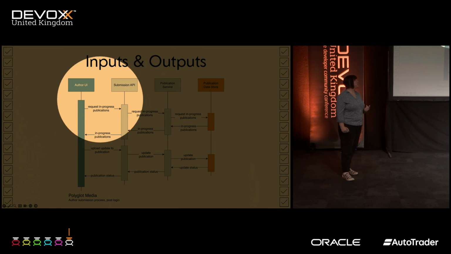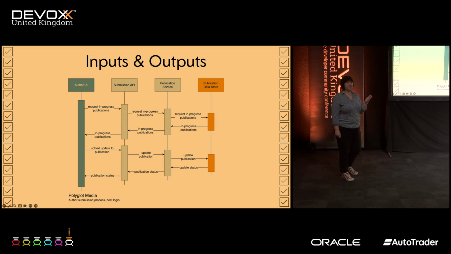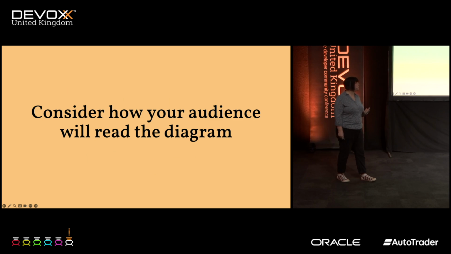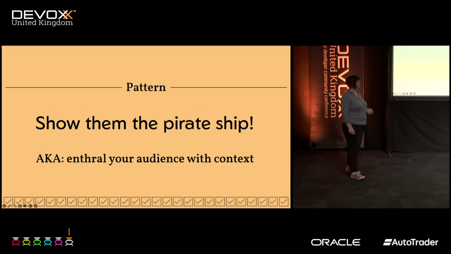So once you've done that, then you get this nice flow in your diagram. So sequence diagrams are a lot easier to get this right in. So when we're putting our diagram together, we're going to consider how our audience is going to read it, not just how do I fit all this information into the diagram. Splodge, splodge, splodge, that will do. Splodge is a technical term, by the way.